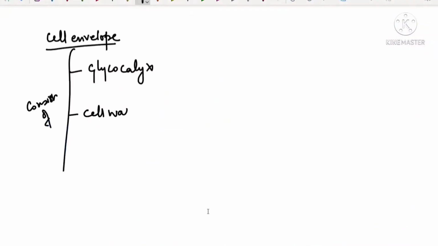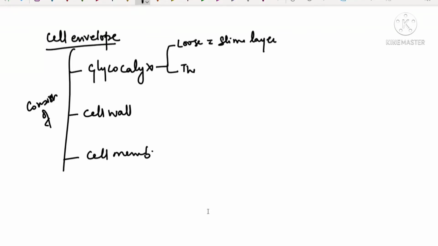Now, cell wall and cell membrane. Glycocalyx, if it is loose, is known as slime layer. If it is thick, it is known as capsule. The cell wall is made up of peptidoglycan.